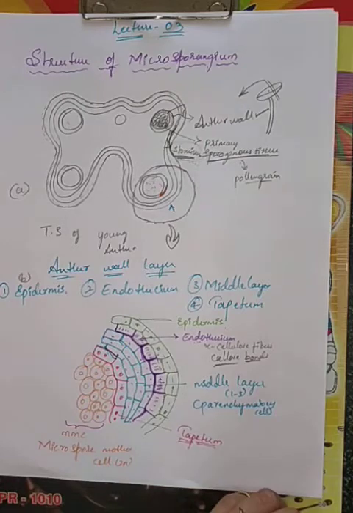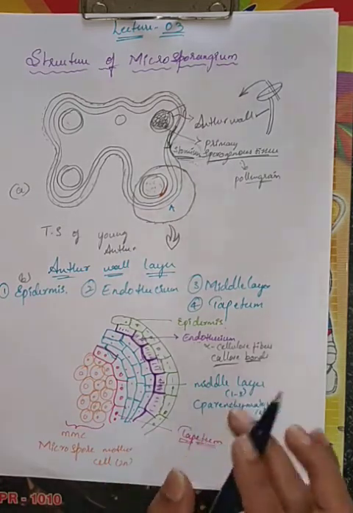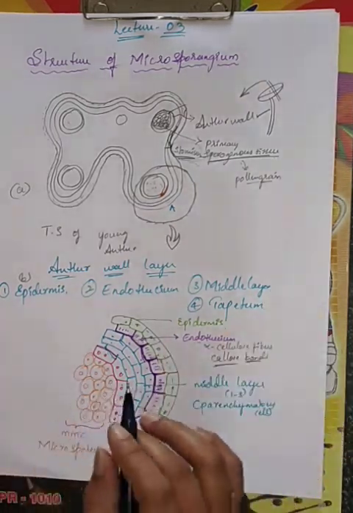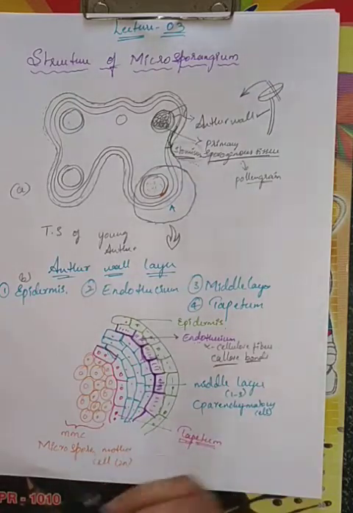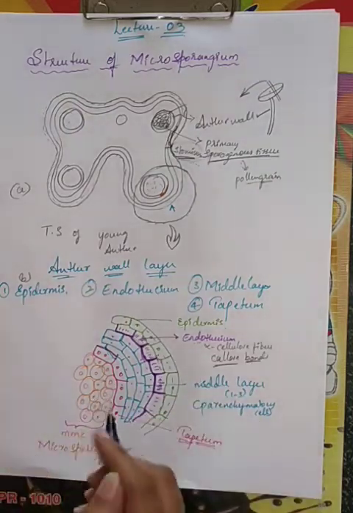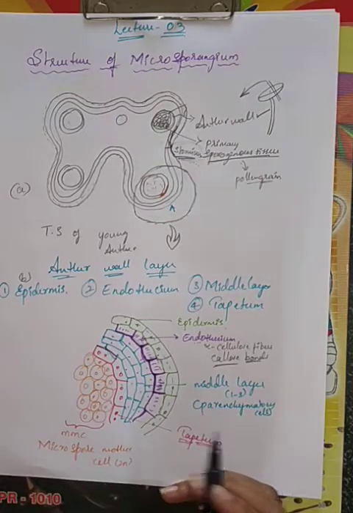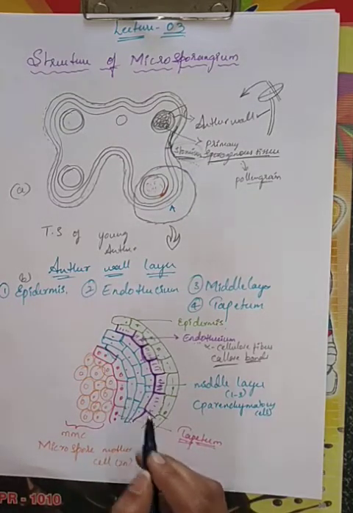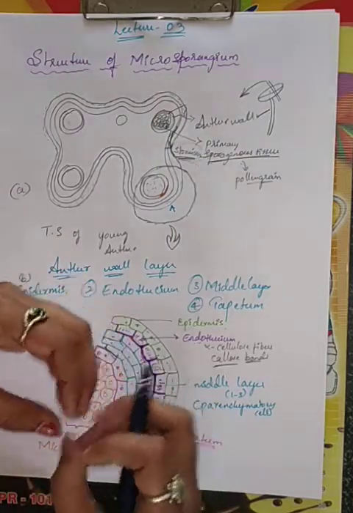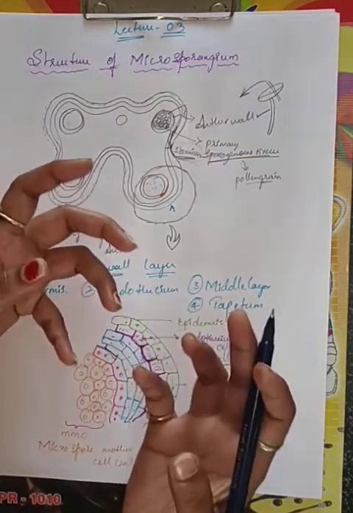Due to which condition? Due to endomitosis and free nuclear division. Endo means inside. Inside this cell mitosis will occur. Mitosis means one cell will be giving you two cells. It is a cell division.